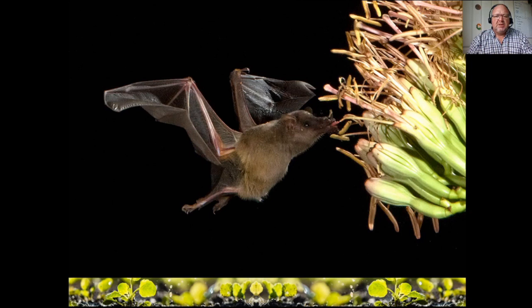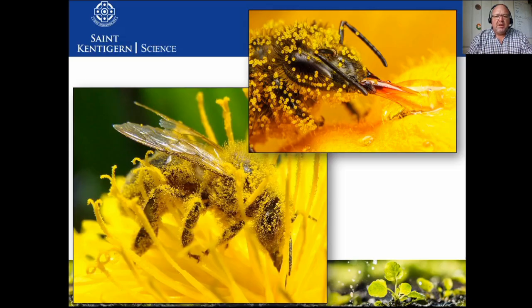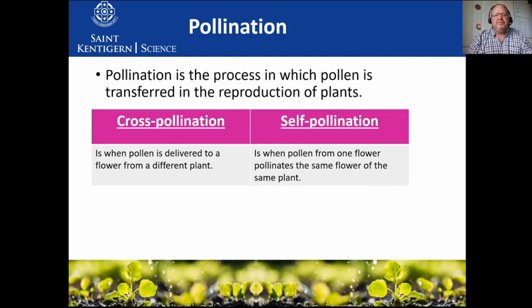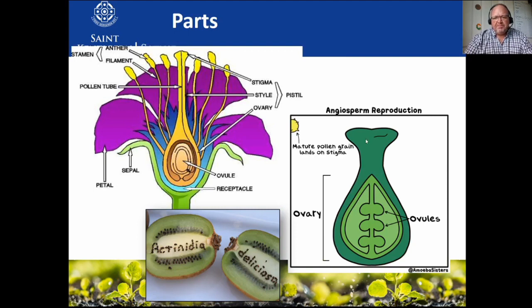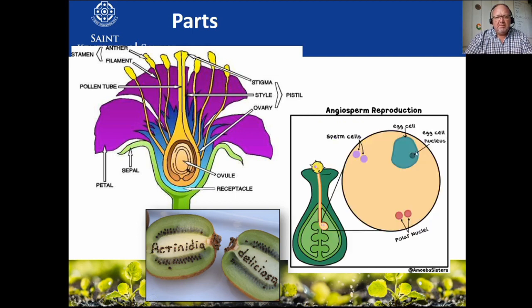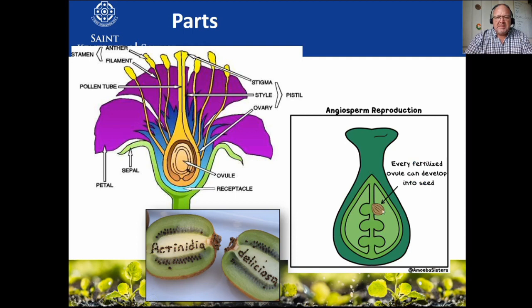We also looked more closely at what pollination actually is, where the piece of pollen lands on the sticky stigma, and then it grows a pollen tube down into the ovary through the style. Then in the ovary, once there, the sperm comes down and merges with the ovule, or the egg cell, and that creates a seed.